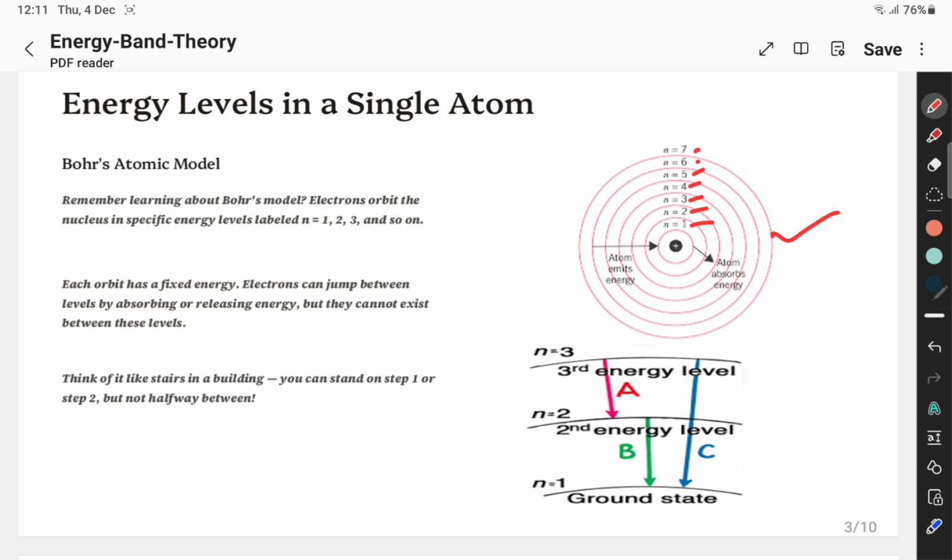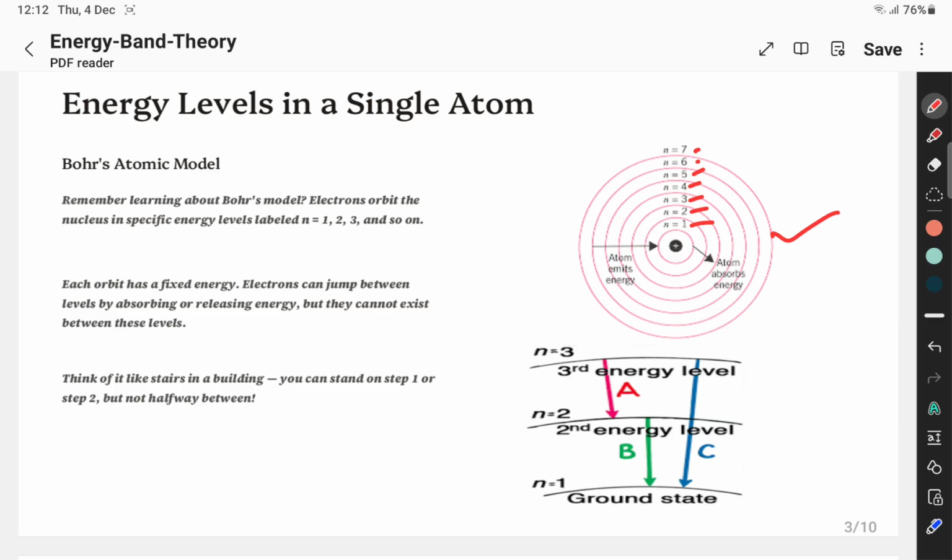It is like the example of the steps on a staircase. You can stand on step 1, you can jump to step 2, step 3, step 4, but you cannot stand in between the first step and the second step.